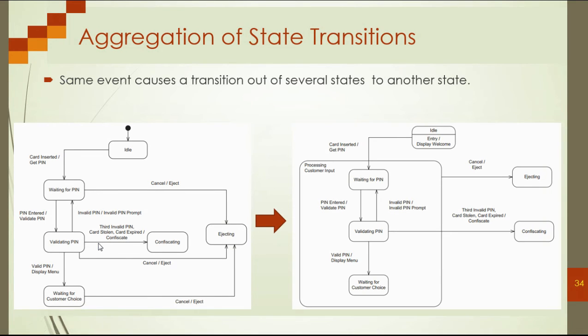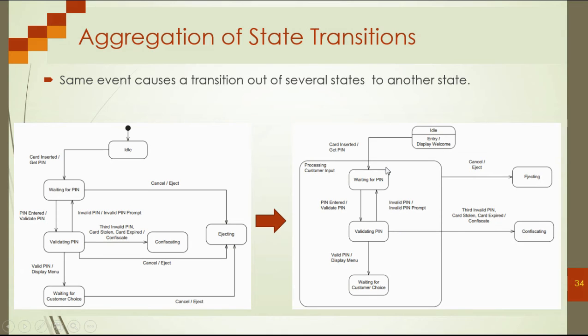If we compare these two figures, the cancel transition can come from any of these composite substates. The customer can cancel the operation anytime. So the cancel transition can come from any of these three states. However, the confiscating state comes only from validating the PIN.